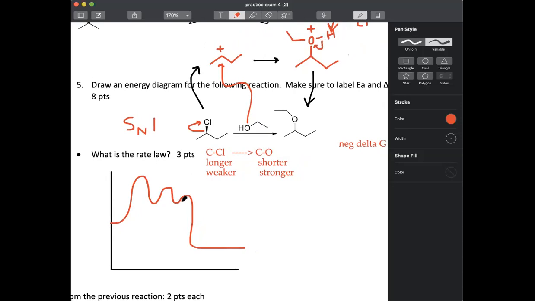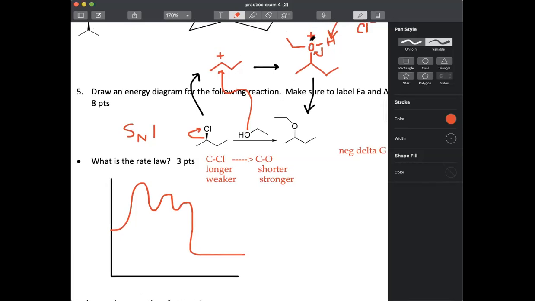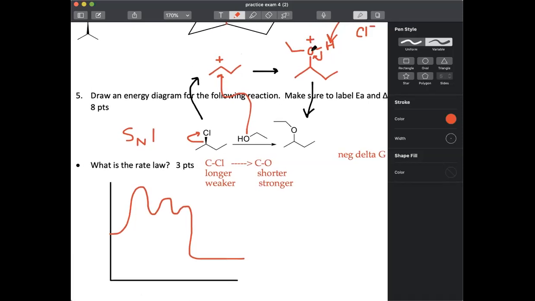And then you have an acid-base reaction. Let's do this one. It's going to be a little bit higher in energy because you have a positive charge on oxygen, right?